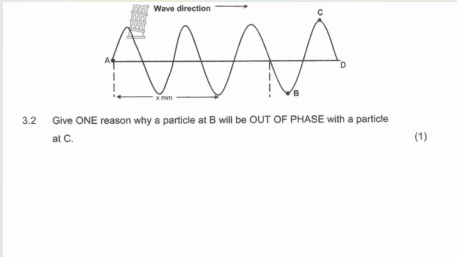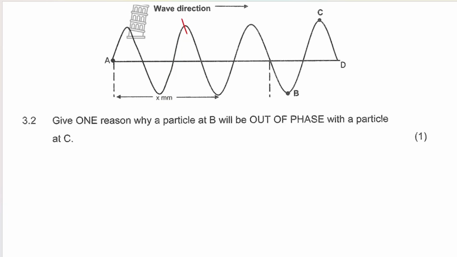Now, one of the reasons is because in phase and out of phase has to do with the number of complete wavelengths that separate points. So, for example, this point of the wave over here and this point of the wave over here will be in phase because they're separated by one wavelength.